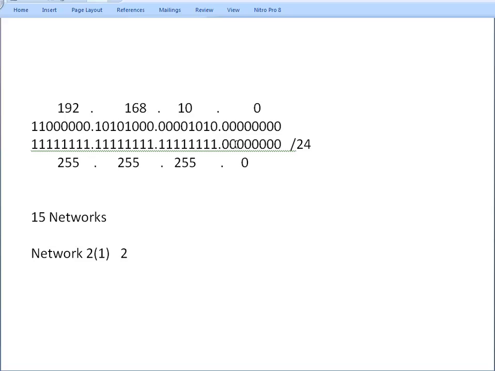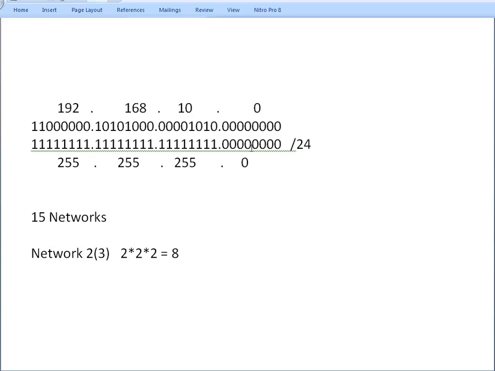So if we borrow 2 bits, this will change to 2, and the formula will become 2 to the power 2, 2 times 2, which is 4, and it's not enough. How about if we borrow 3 bits? Well, earlier we did borrow 3 bits, and the formula will change to this. 2 times 2, 4 times 2 is 8, so this will be 8.